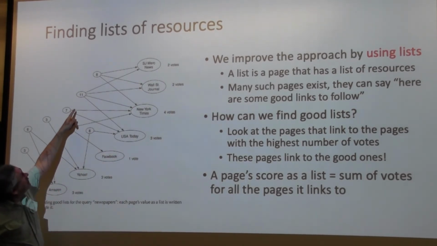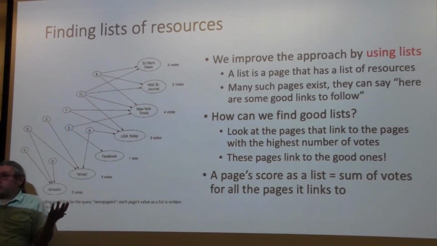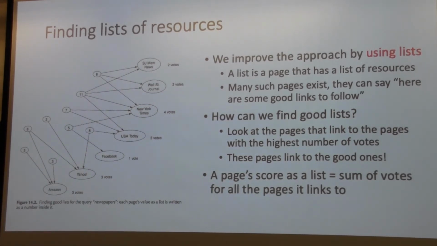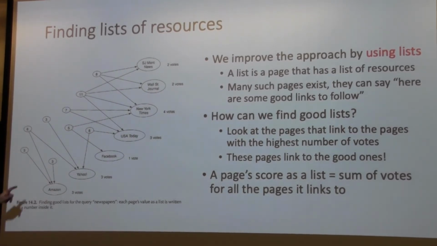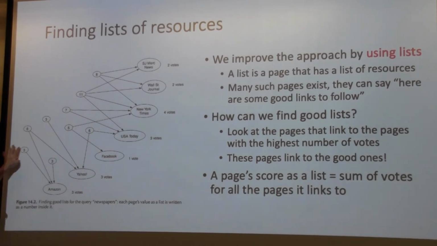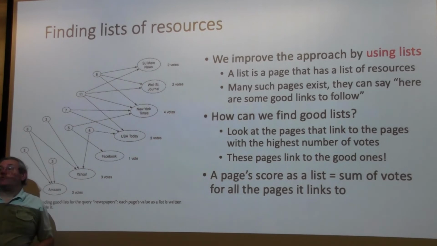So that one will get 11: 2 plus 2 plus 4 plus 3, because it's pointing to 4 guys who have 11 votes. This one will get 7 votes. This one will get 6. It's pointing to Amazon and Yahoo. So this gives us already a kind of ranking. This 11 one seems to be pretty good.